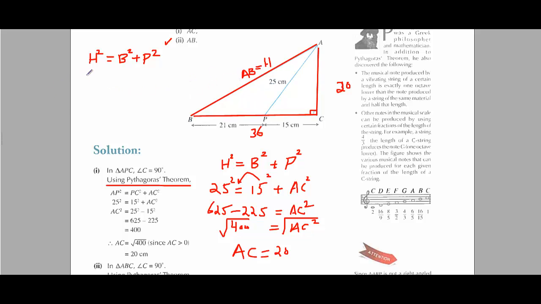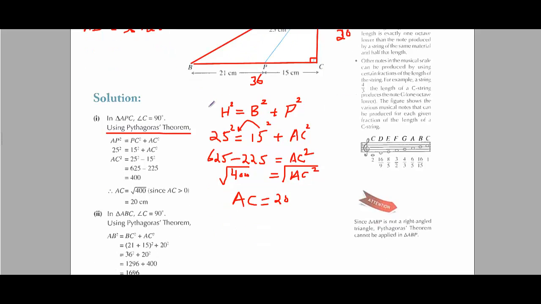We have to find this hypotenuse, which is AB. AB square is equal to base, the base is 36 square, and the perpendicular is here 20, so 20 square.